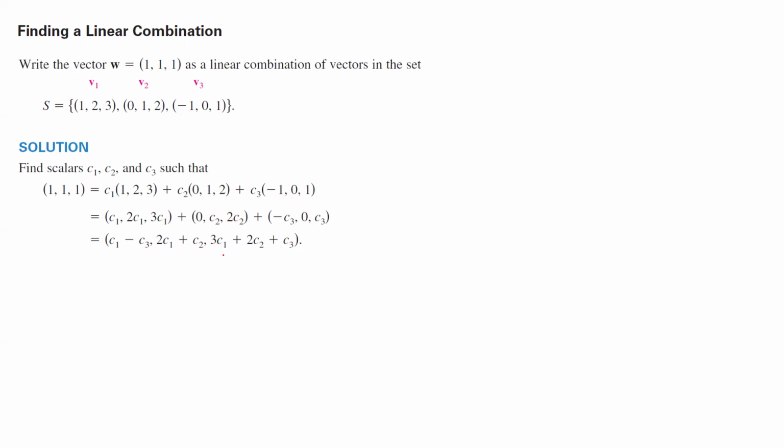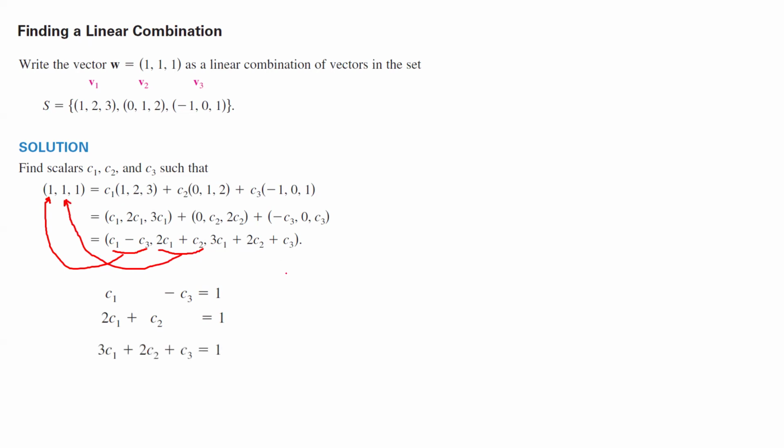Okay, what's next? I found these combinations. Now you need to form the system of equations that you learned in chapter 1. C1 minus C3 is equal to the very first component, which is 1. Then 2C1 plus C2 is equal to the second component, which is 1 again.